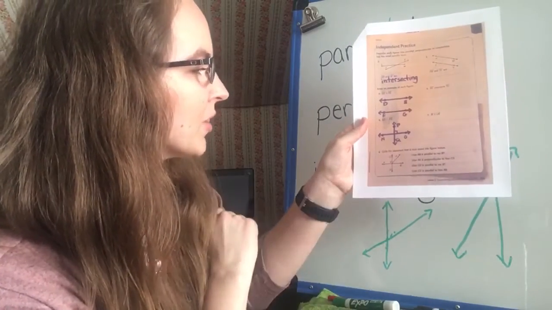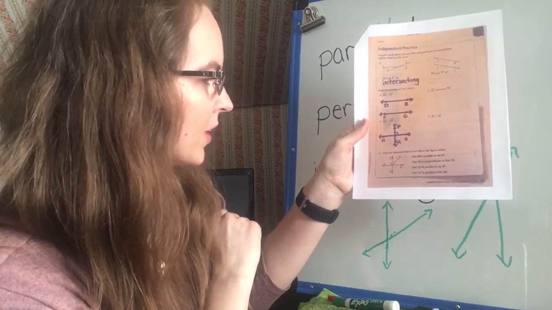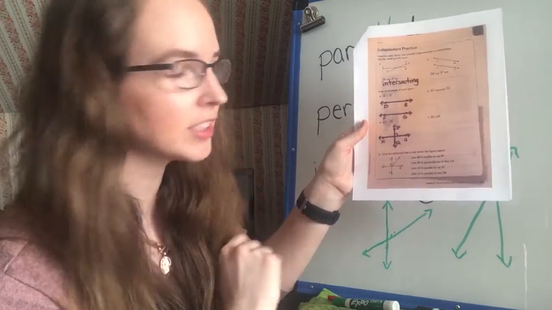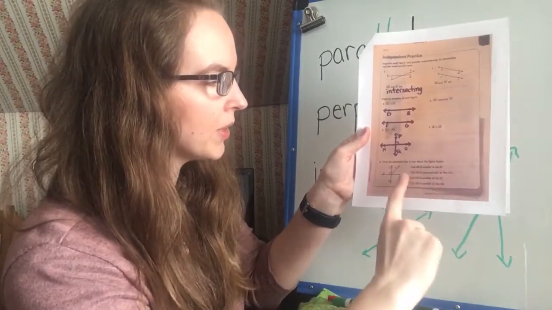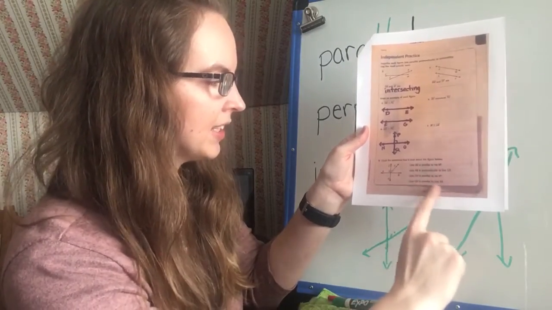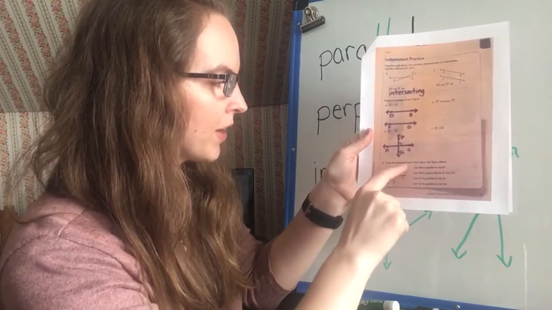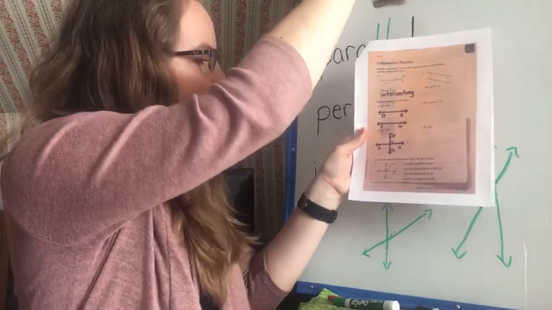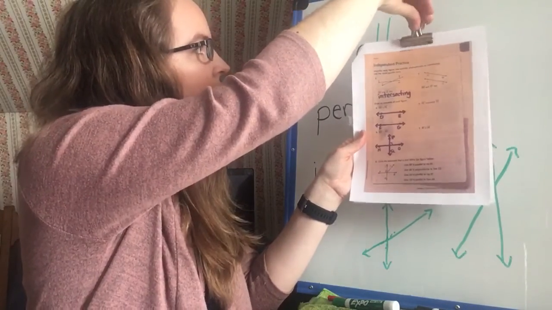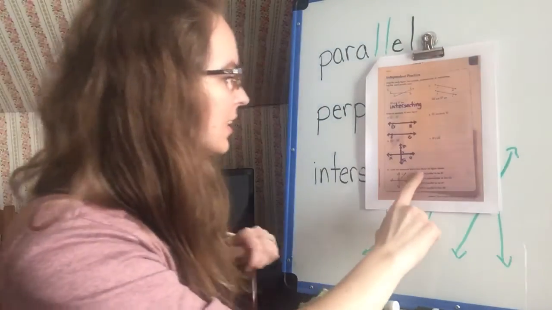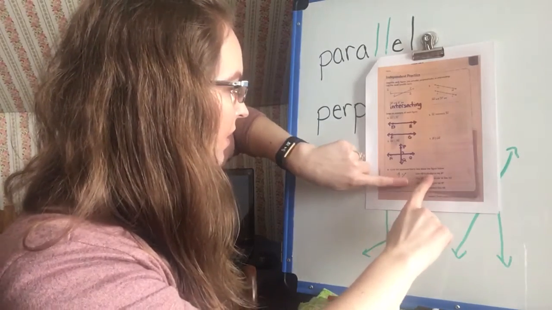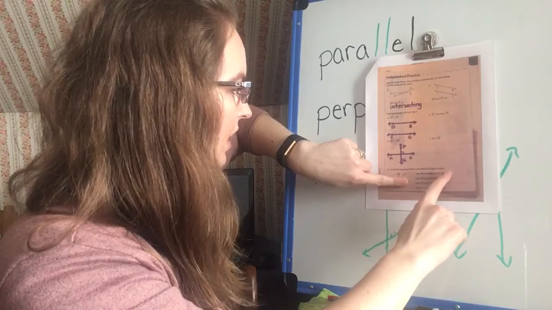Number 8, circle the statement that is true about the figure below. So that just means there will be one that's true. So you have to really carefully read these 4 options. And I always like to trace with my finger to see if it's true. If I were to look at that very first example, it says line AB is parallel to ray EF.